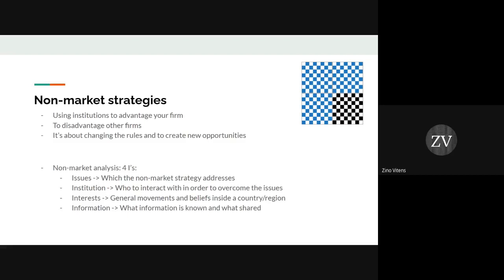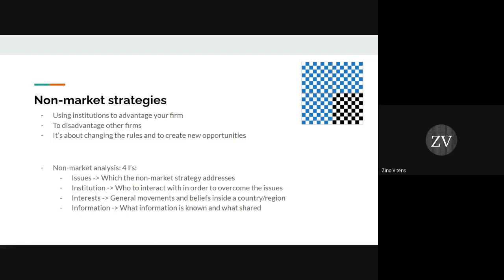The non-market is analyzed through the 4 I's: issues, institution, interest, and information. Issues, for example, is what the non-market strategy addresses. When Trump was president, there was a customs dispute between Europe and the US, and Harley-Davidson got higher customs when importing to the EU. So that would be an issue for Harley, a non-market issue. So they would go to the institution, like the US government, and address this problem that the customs got raised.